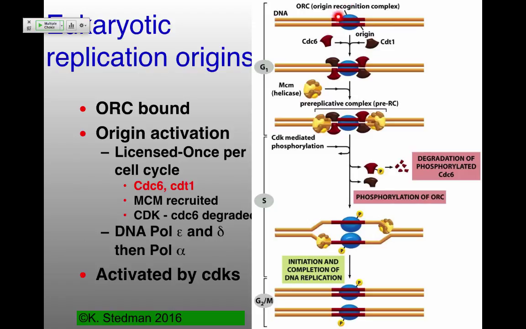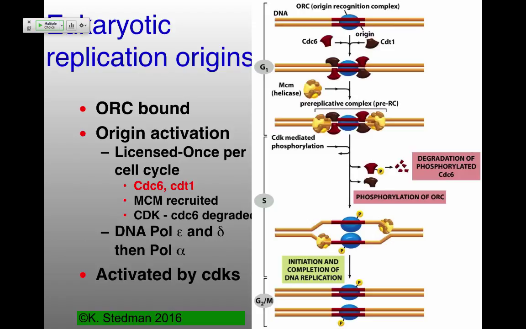So you have CDC6, and CDT1 was one that was found a little bit later. All of these together will bind to the helicase. This is now called MCM. I didn't mention why it was called MCM earlier. MCM stands for mini chromosome maintenance. So maintenance of chromosomes. How do you maintain chromosomes? Because they're being replicated. So if you have a mutation in mini chromosome maintenance, you're not going to be replicating.